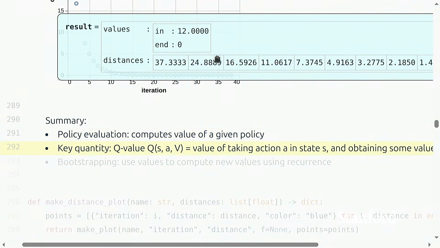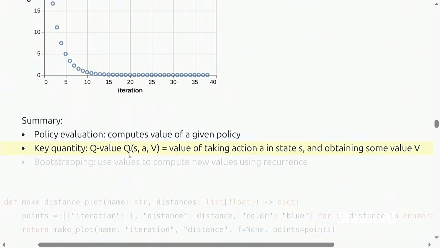The key quantity in writing down the recurrence is the Q value, which is the value of taking an action A in state S, and then following V in the subsequent state. And this idea of bootstrapping, which means that you start with a set of values, and then you iterate a recurrence, produce a new set of values, and then you take those values and keep on iterating, is a common thing in reinforcement learning algorithms.